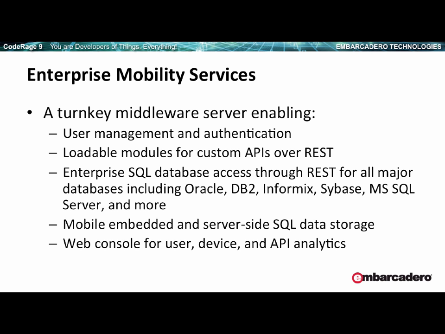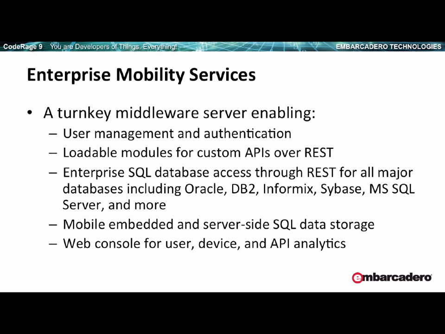Now, of course, you do need IT help at some point once you're ready to go public with your service, deploying it into production. But by and large, we wanted developers to be able to build, develop, test, and then easily pass on something to IT that could then be taken into production. And we call this a turnkey middleware server. In other words, all the pieces are there to make it easy to build and deploy these existing services.